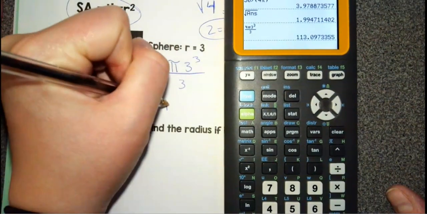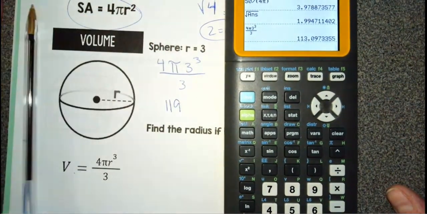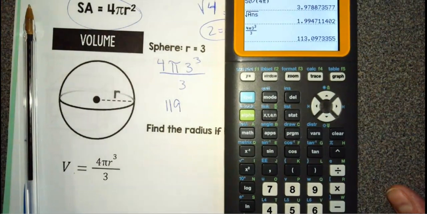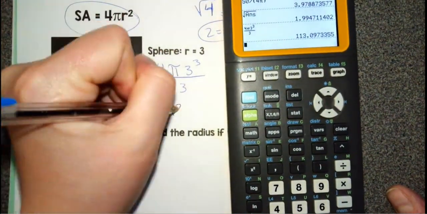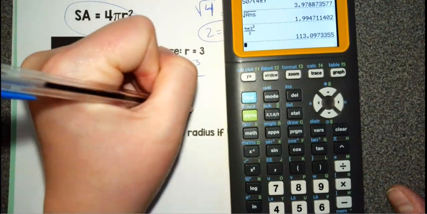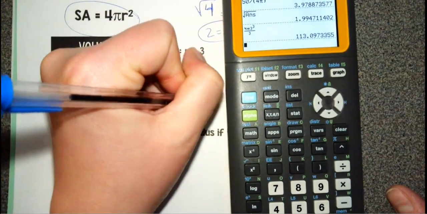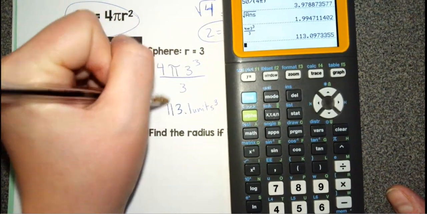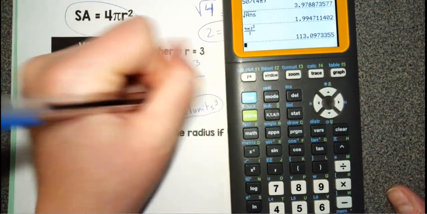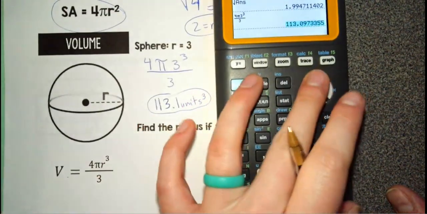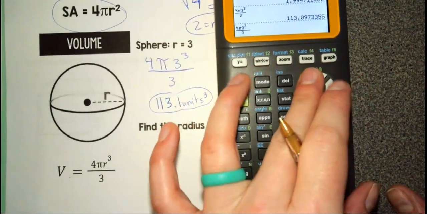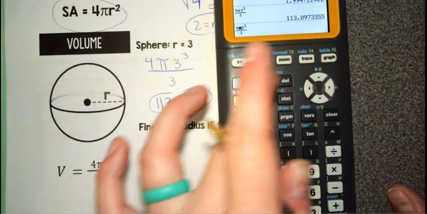I don't know why I put 9. 3 right here, 0.1. And this is units cubed because that radius is cubed. If you want it in terms of pi, do the same thing, take the pi out.